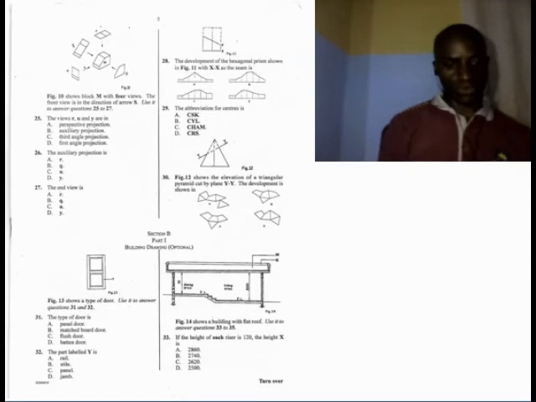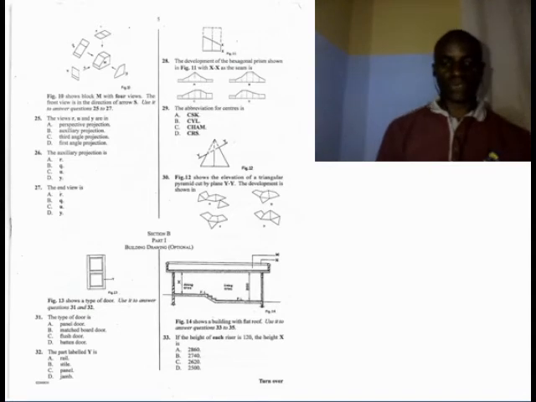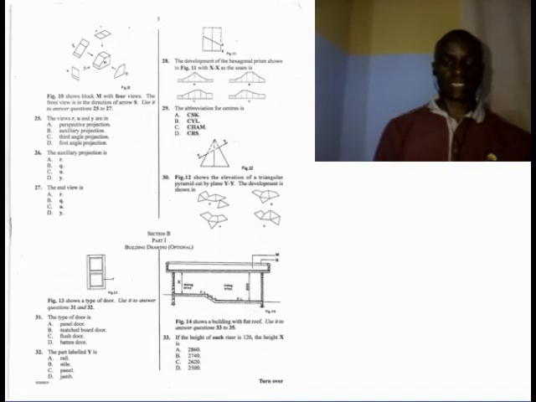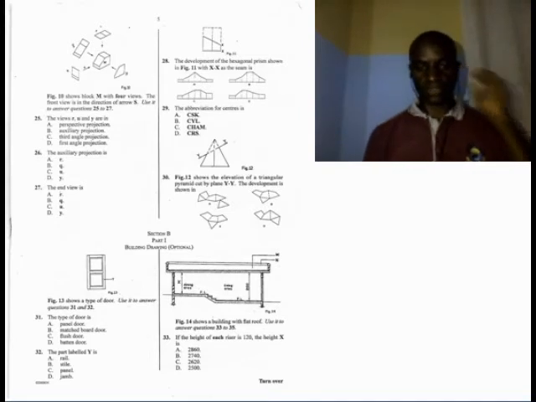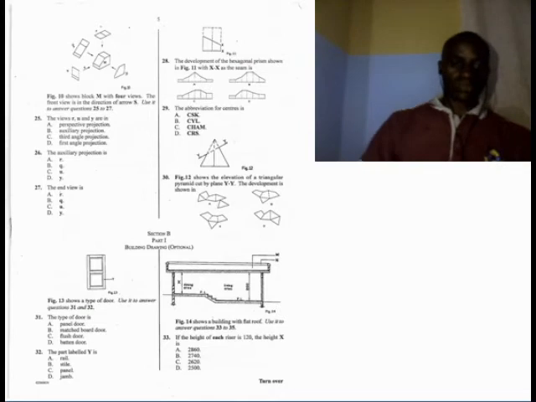Now let's move to question number 28. The development of the hexagonal prism shown in figure 11 with XS as the seam is, the answer is A. B is not correct, C is not correct, D is wrong. The answer is A. That's development for you. Question number 29.